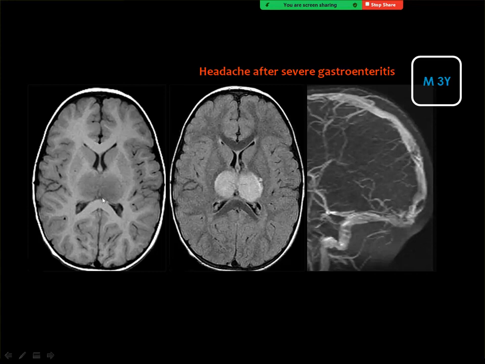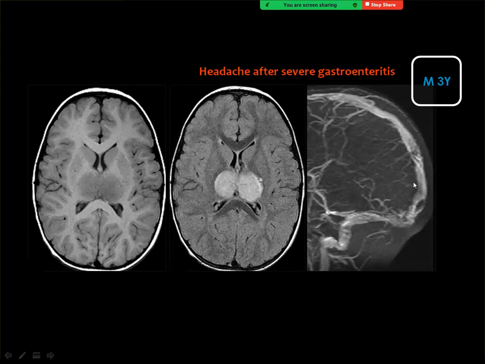Whenever the internal cerebral veins are thrombosed, you got ischemic changes in the thalami, a very characteristic appearance, and they are of low signal in T1, high signal in T2, and FLAIR with diffusion restriction.